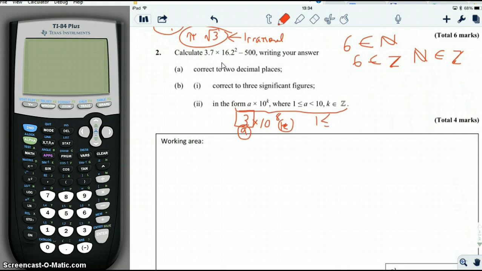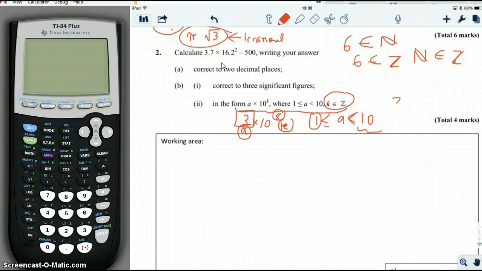Between 1 and 10. Can it be 10? No, it can't, because it doesn't say less than or equal to 10, it says less than 10. So it can be 1, but it cannot be 10. It can be 9.9999. So 3 is fine. It's between 1 and 10. 8 is fine. It's an integer, because the k value has to be an integer.